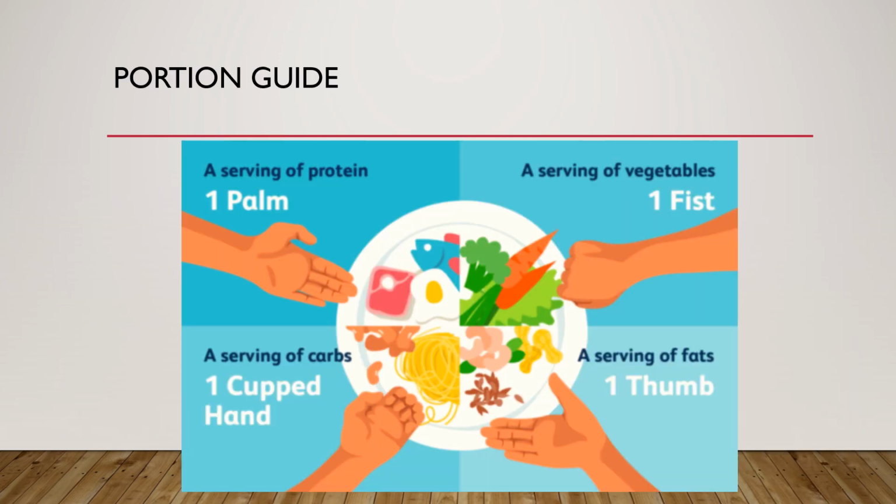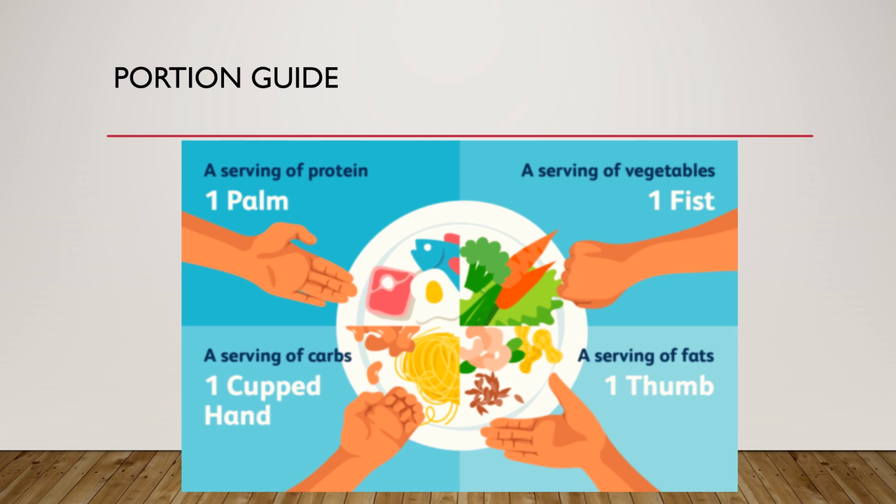Now this is the portion guide. I am going to help you understand the portion of the food that you take. This is an example given in the image. First, vegetables: how much vegetables your plate should have. One fist is the measurement that you're going to use for understanding how many vegetables you need.